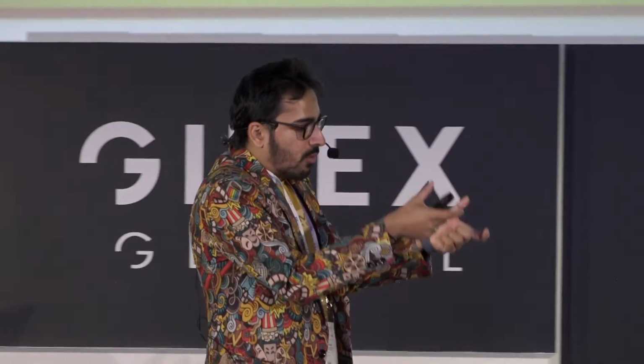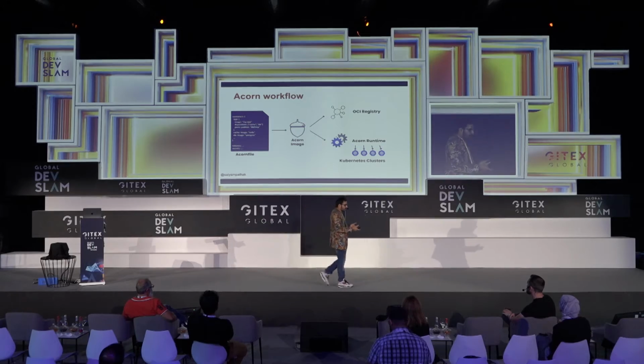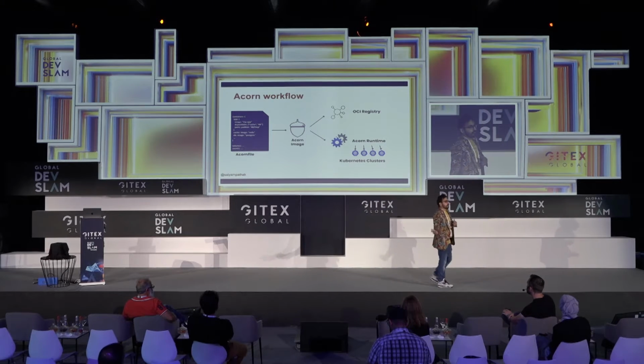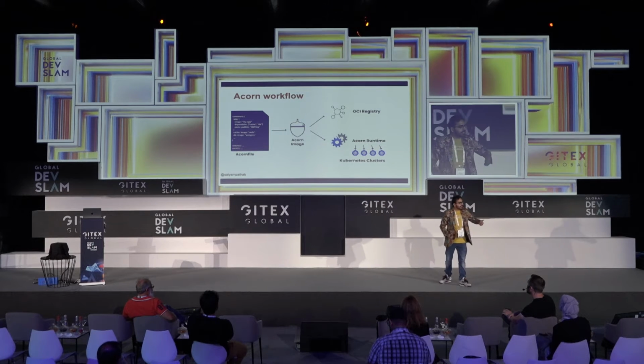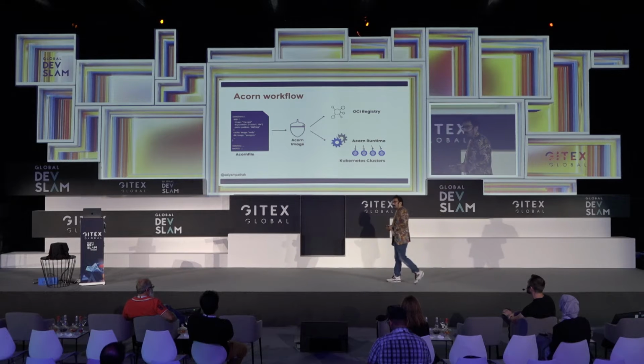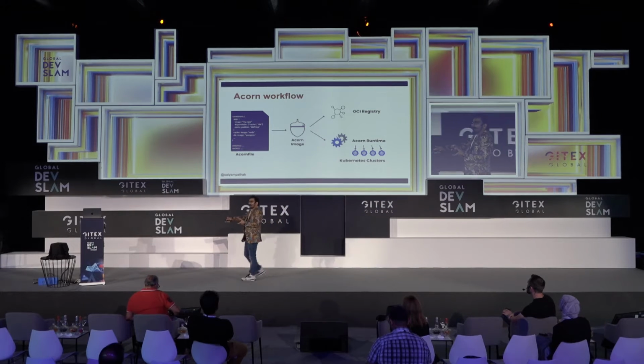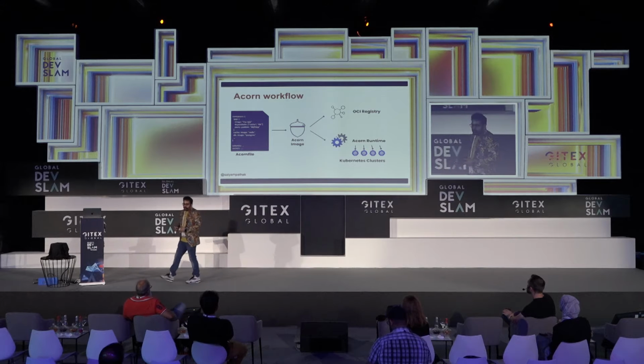Developers are well versed with Docker. They love Docker Compose. Following the same principle as Docker Compose, you even have the same fields, like depends on. There's a depends on field in the Acorn file as well. So it follows a lot of similarities from the Docker and Docker Compose ecosystem.